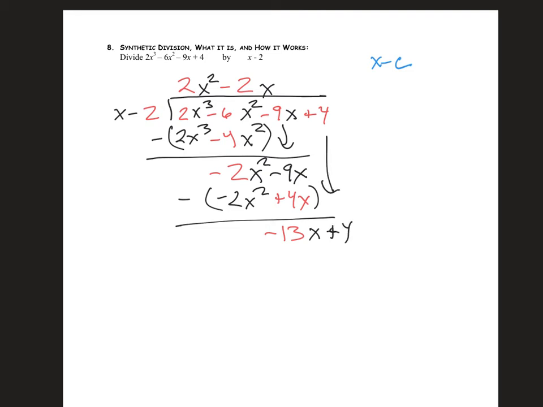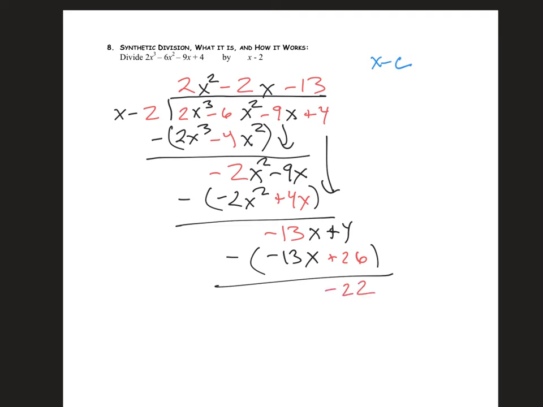And one more round here. So ask ourselves, what times x gives me negative 13x? And that's going to be negative 13. We're going to multiply, and we're going to get negative 13x plus 26, then subtract, and we're left with this remainder of negative 22.